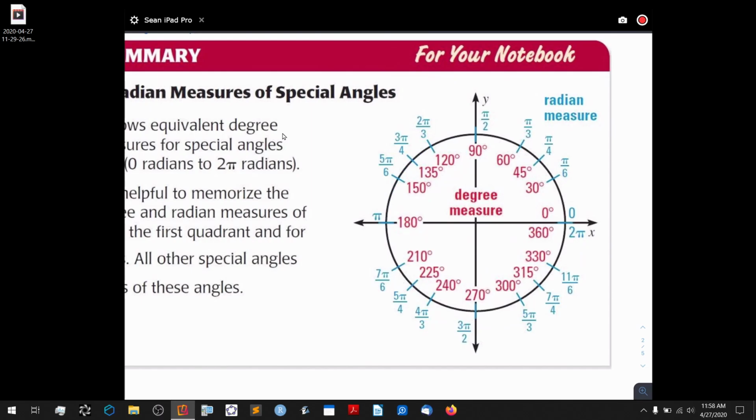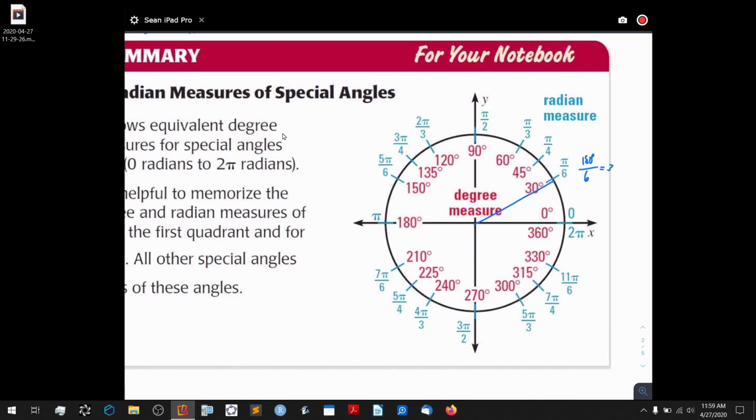So, this you've got to just get in your head. The basic 3, or let's say 4, that you just have to memorize: pi over 6 means basically 180 degrees divided by 6, which is 30 degrees. That's why pi over 6 is called 30 degrees.